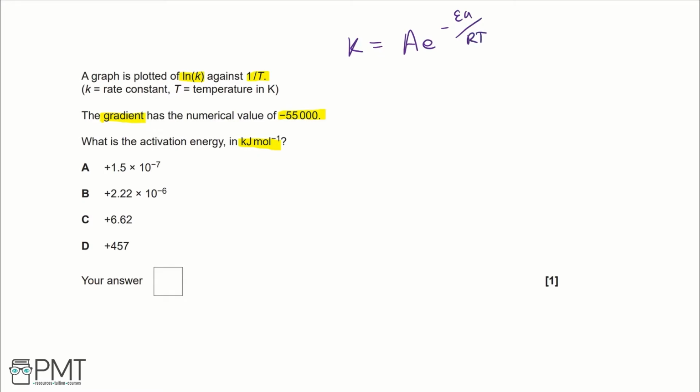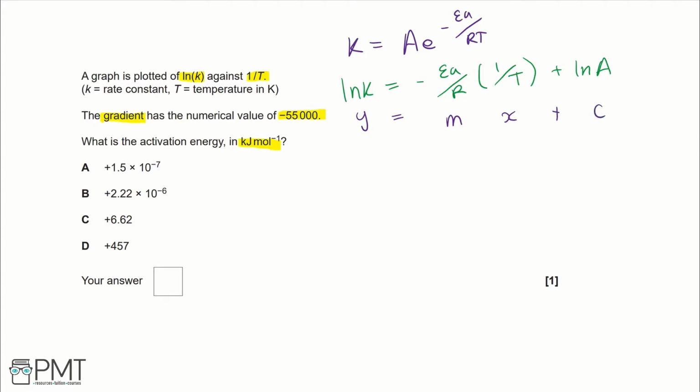We're going to be using it in a different form: ln k equals minus Ea over R multiplied by 1 over T plus ln A.